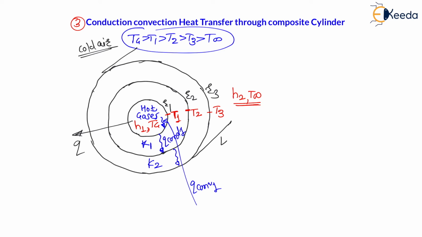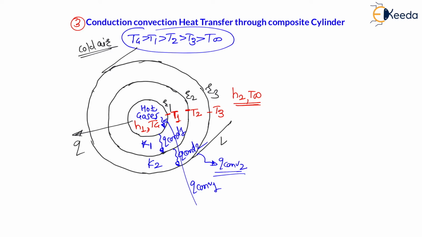Between R2 and R3, there is a conduction, therefore Q conduction of the second cylinder. And between the outside surface of the second cylinder and the outside cold air, there will again be convection, convection 2. So there are two convections and two conductions.